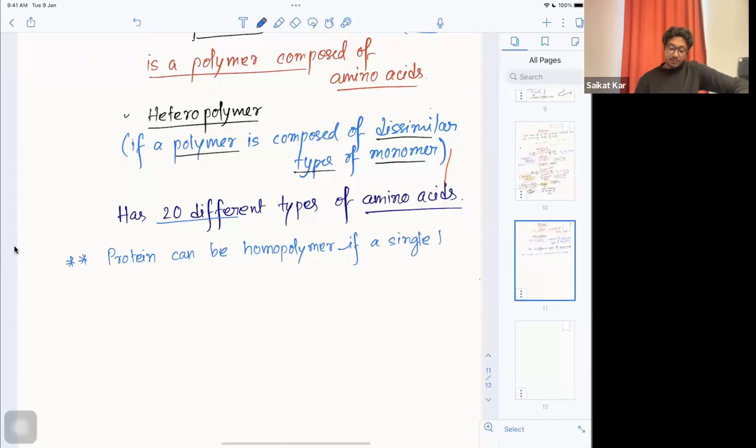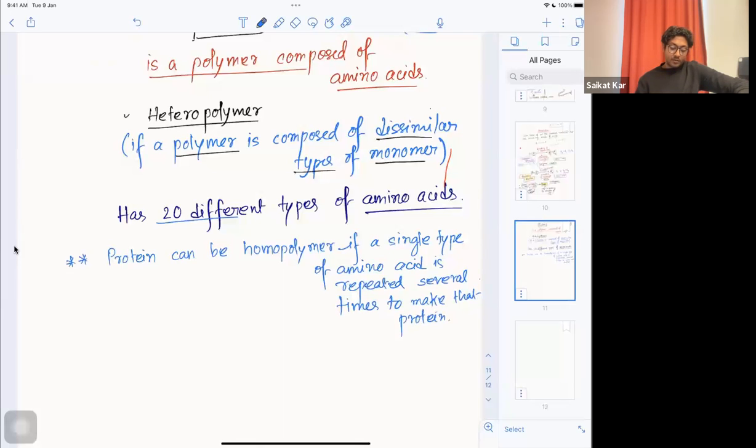So if you use one type out of those 20 types, then that protein can be a homopolymer.